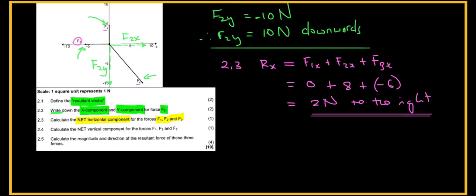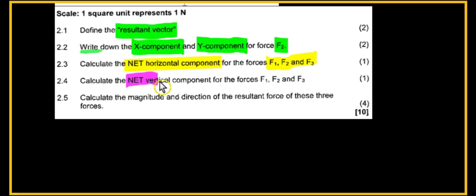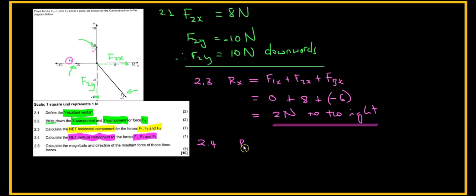And then the next question says calculate the net vertical component for force 1, force 2, and force 3. So in other words, I need to find the Ry. So 2.4, I'll say my Ry is equal to force 1y plus force 2y plus F3y. Then I check my forces. This force here only has the y component, so I'll take that one, which is 5, plus F2y.